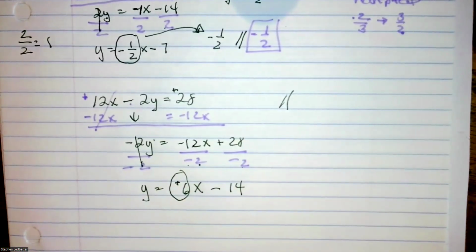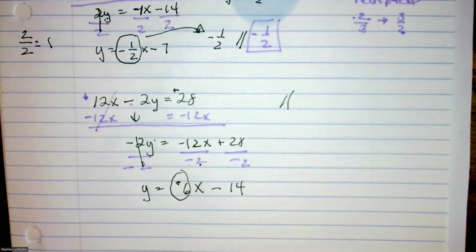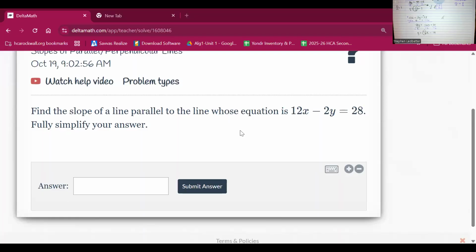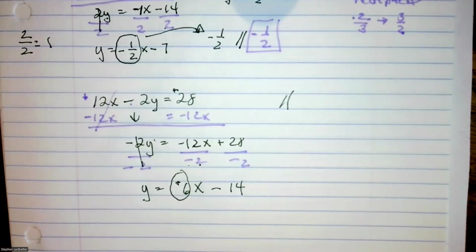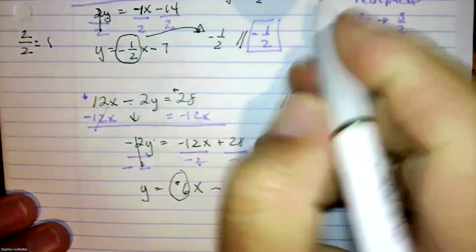Now, I need to double check what it's asking. I know it's parallel, but let's see if it just asks for the slope or something else. I'm just going to check real quick. It doesn't hurt. It says find the slope of a parallel line, so they do want the parallel. So we already know my slope is a positive 6.